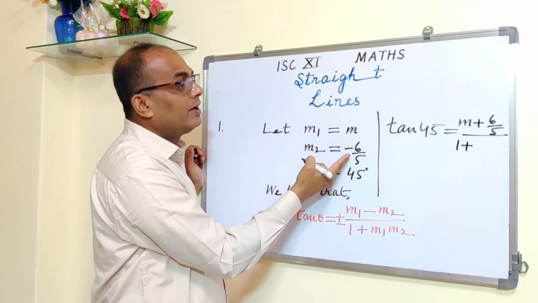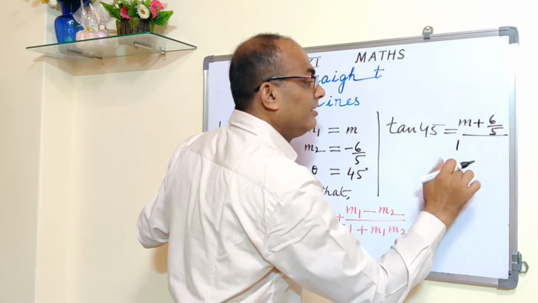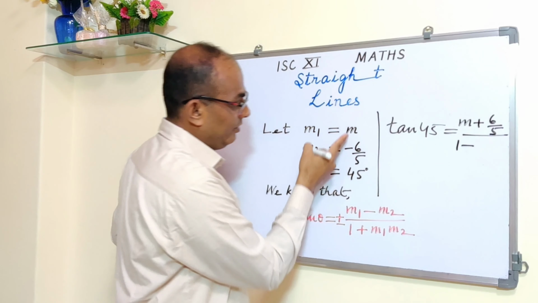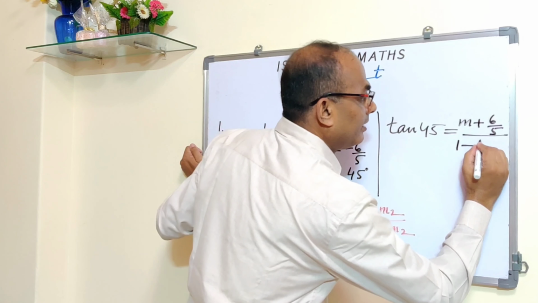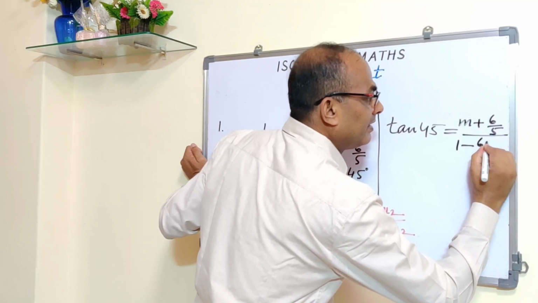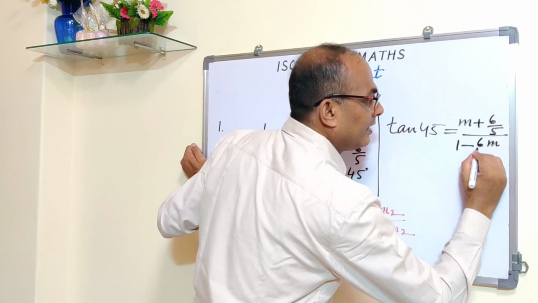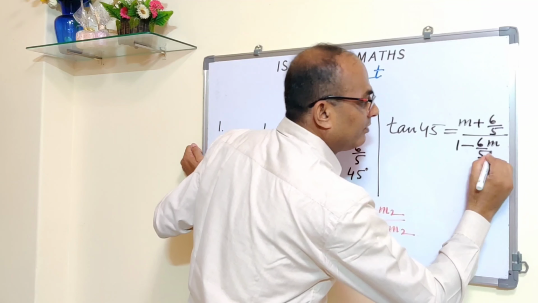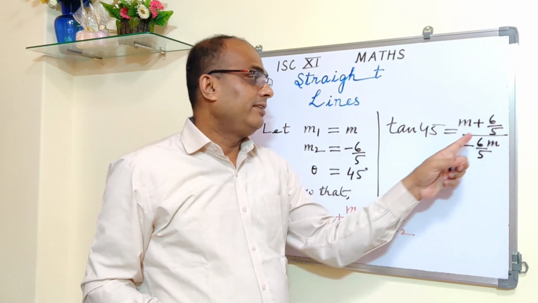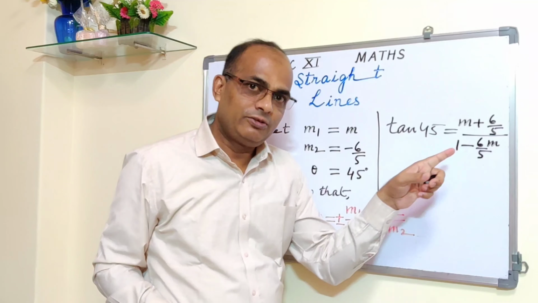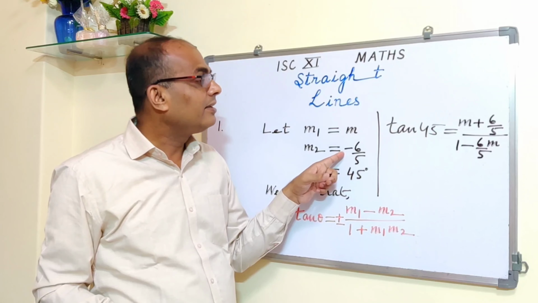When you multiply, plus into minus is minus. So this becomes 1 minus 6m upon 5. In the formula we have plus, but because when you are multiplying, plus into minus is minus, that's why it is becoming minus.